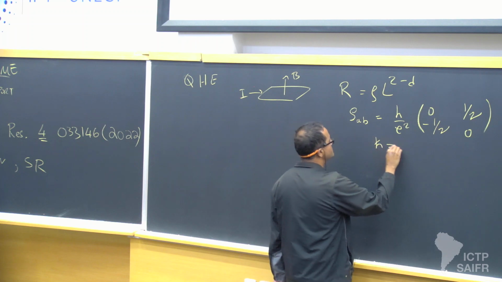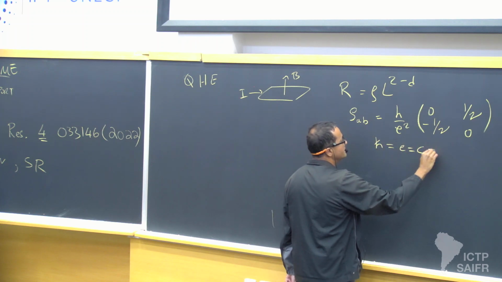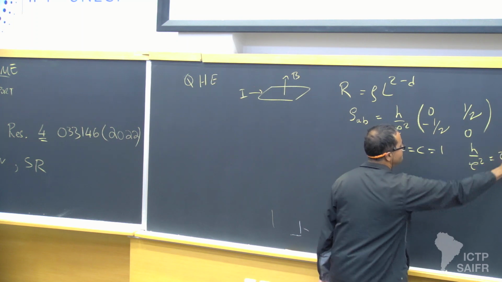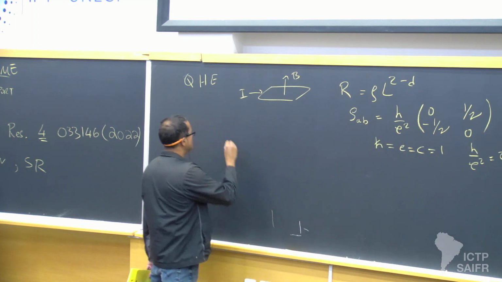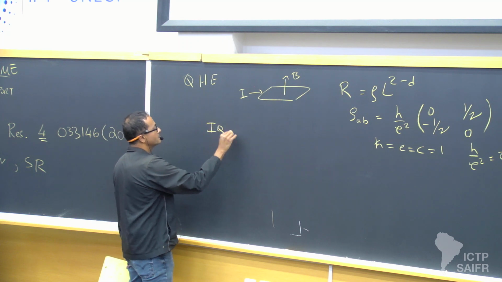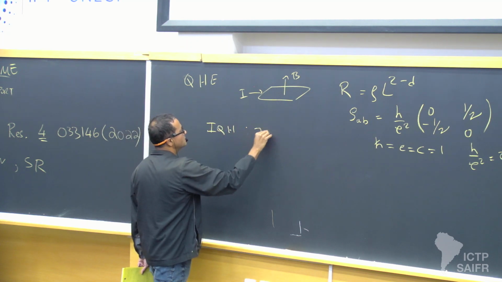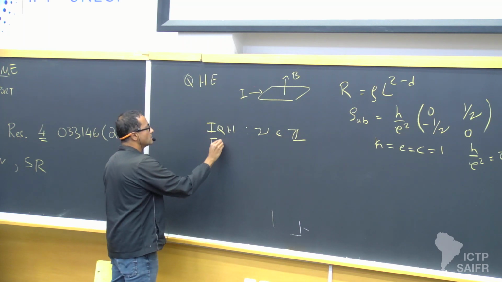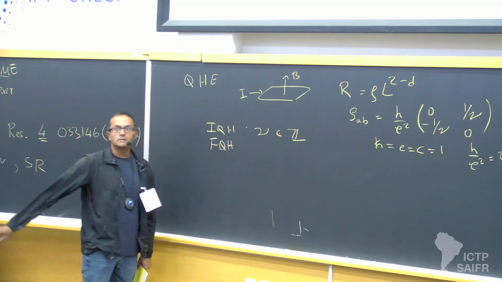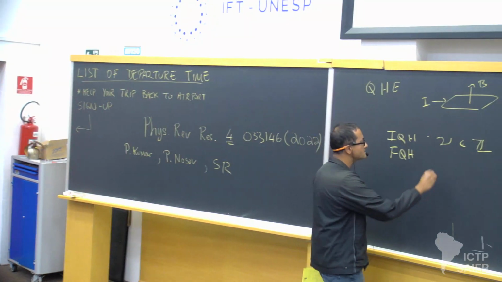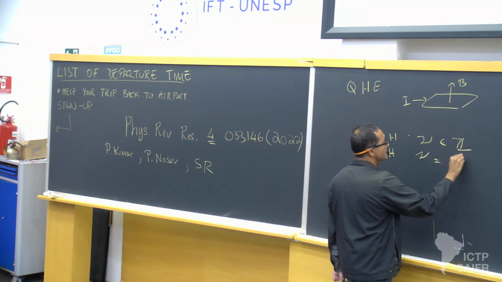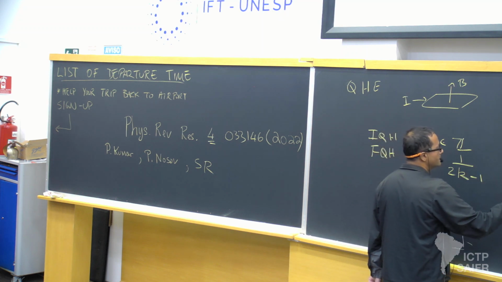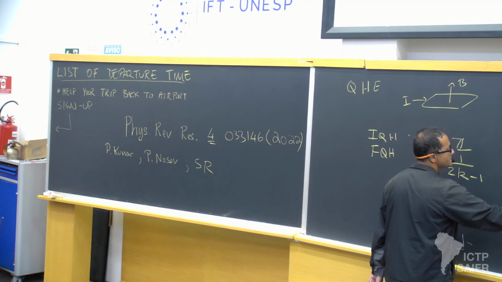In units of ħ, c, and e equal to 1, h/e² is 2π. You have the integer quantum Hall effect, where ν, the filling fraction, is an integer. We will also consider a class of fractional quantum Hall states, where ν is 1/(2k−1), where k is a positive integer.